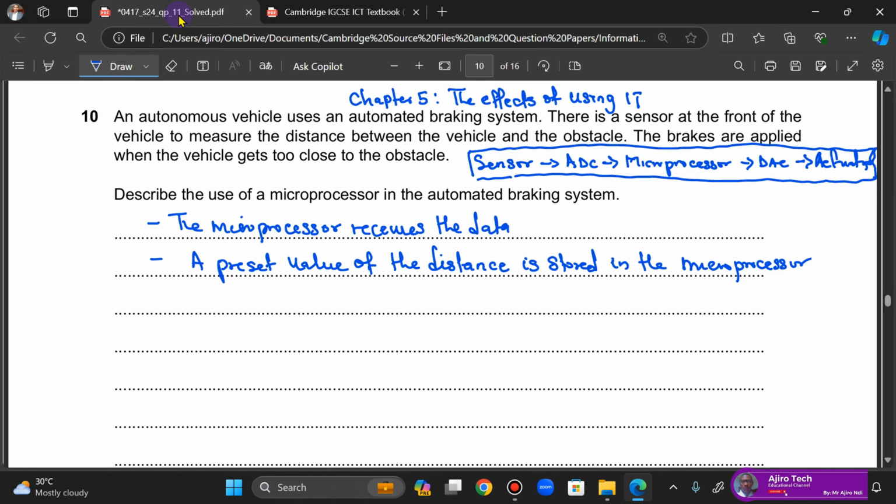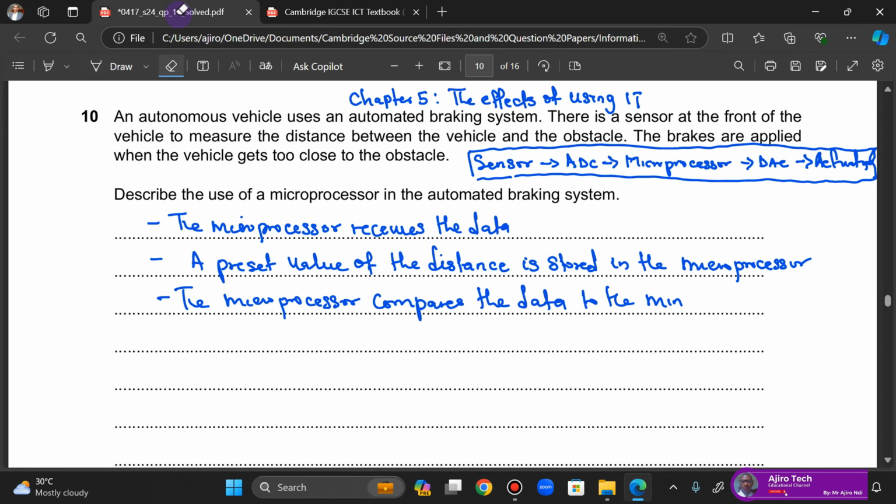Now what happens? The microprocessor would compare the data to the preset value of the minimum distance.